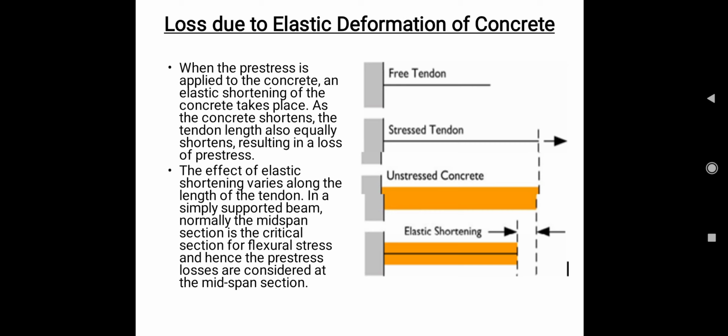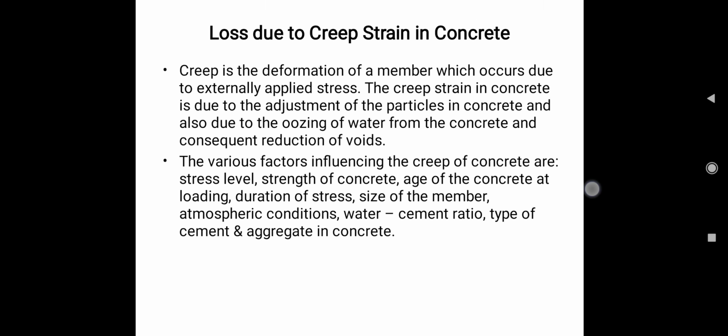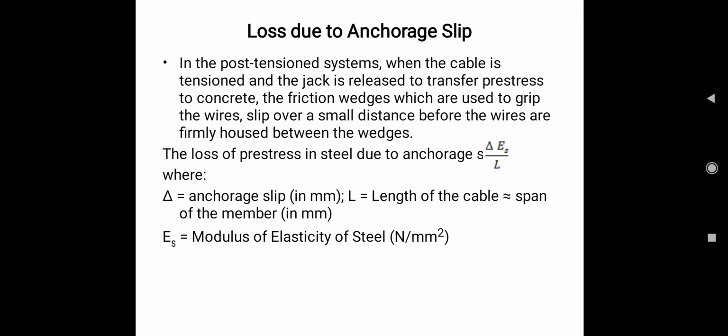After placing the concrete, this tensioned steel is anchored on both the ends of the concrete, here and here. So what happens when it is anchored on both the ends, or what will happen during the anchoring of the tendons?